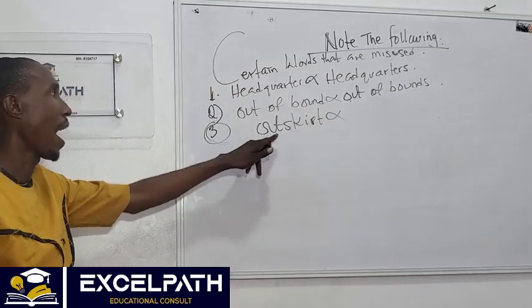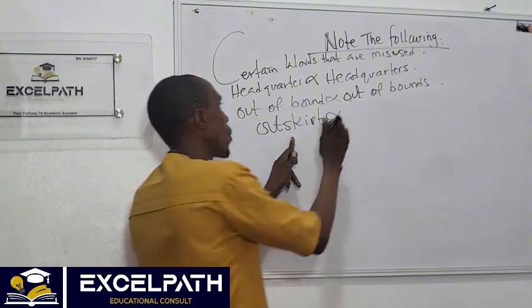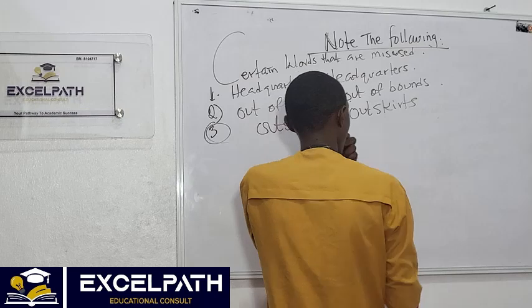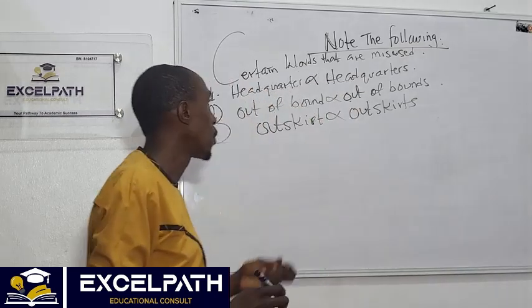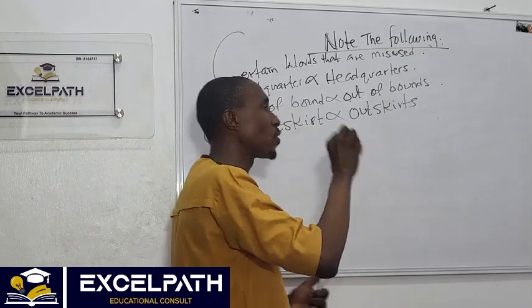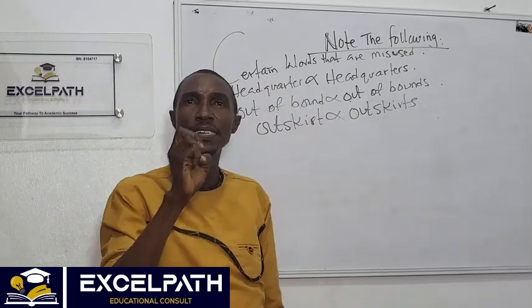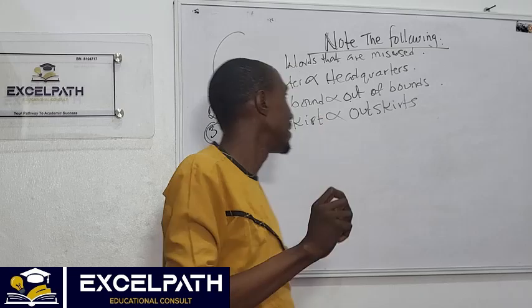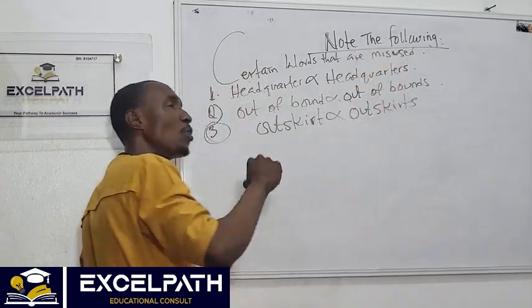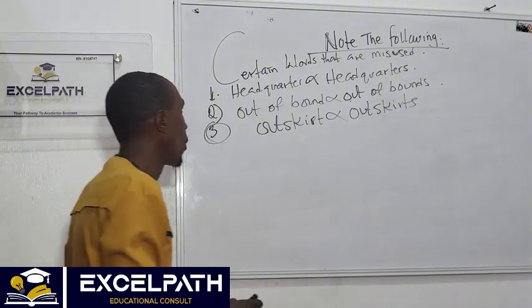Outskirts. It is called what? Outskirts. Your S must be there. So all these words and many more are the words that you need to study one after the other. And there are some that you add S to, and there are some you don't add S to.